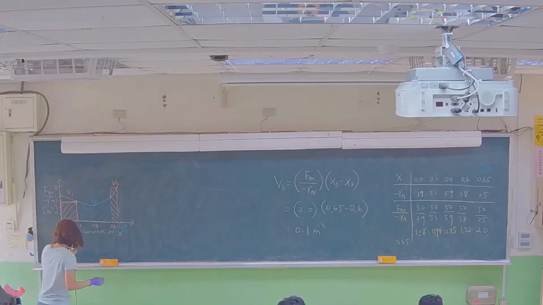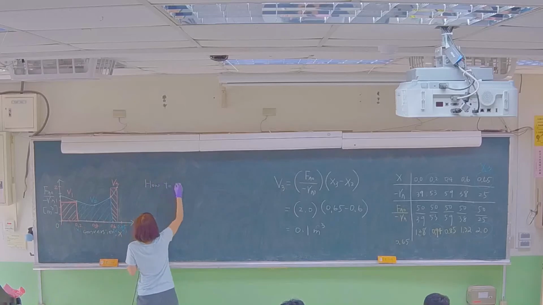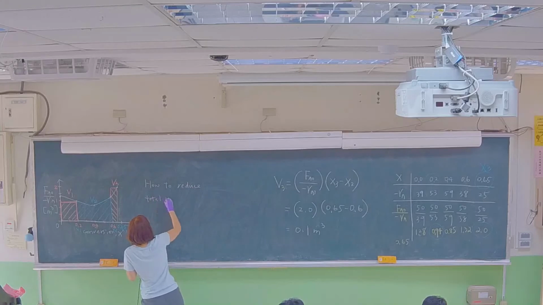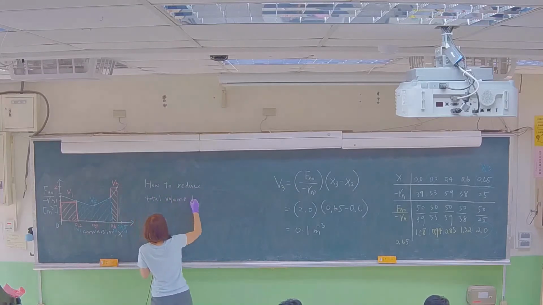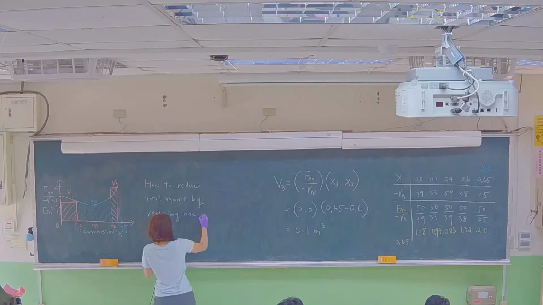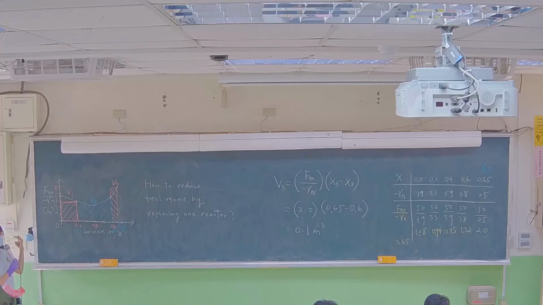Okay, from this figure, I have one question. How to reduce the total area by replacing only one reactor? Okay, you can see this figure.